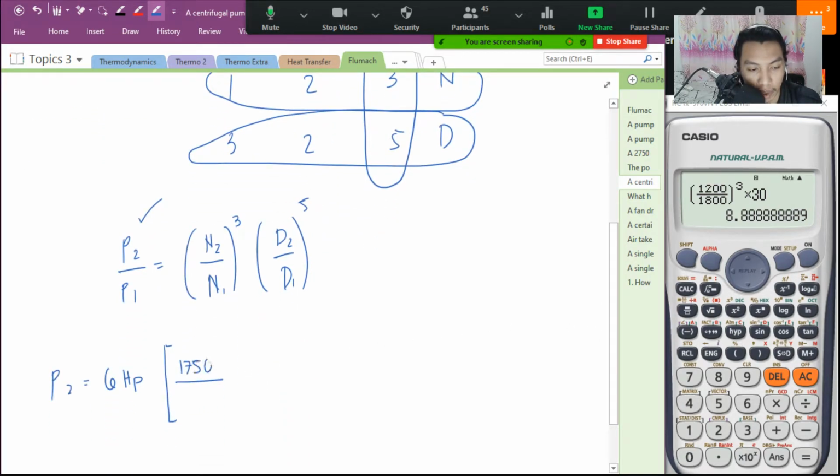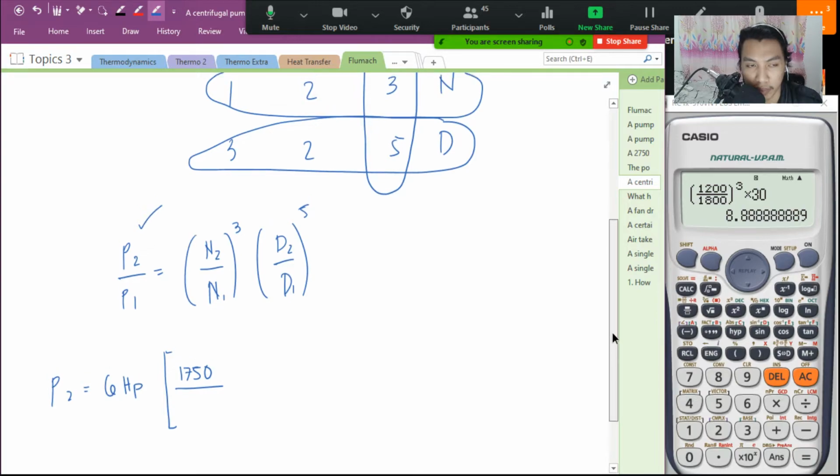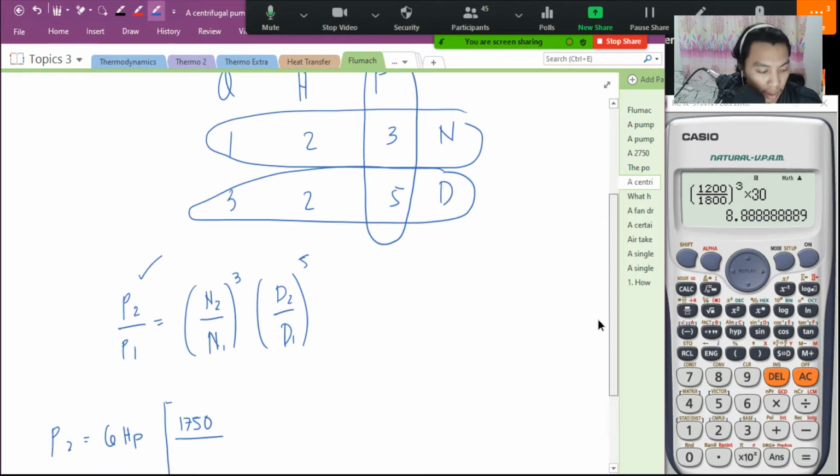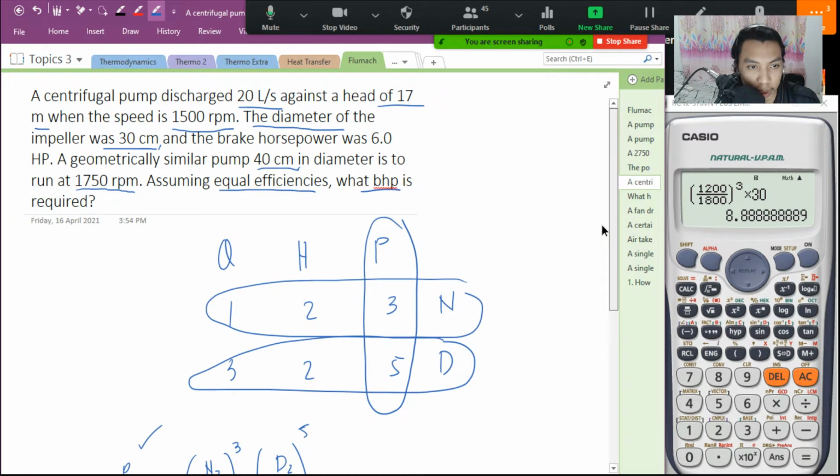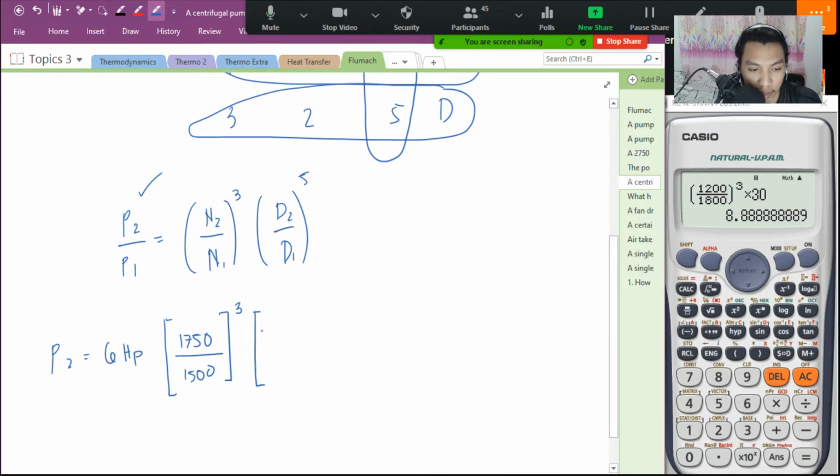Wag mo na kopyahin yung kanyang unit, maka-cancel naman yan. N1 is 1,500, tapos naka-cube. Tapos yung diameter, yung 2 is 40 cm, yung nauna is 30 cm. 40 divide by 30. Ngayon, raise mo ng 5. Yun ang tirang unit is HP na lang.